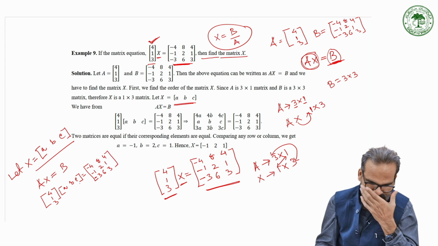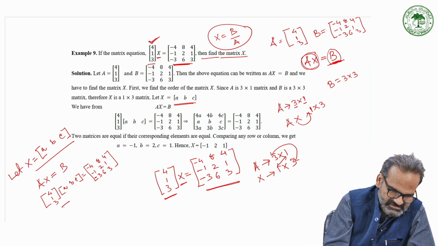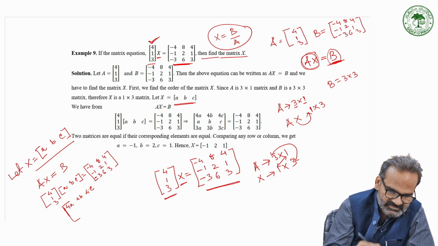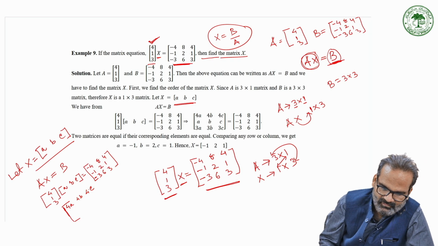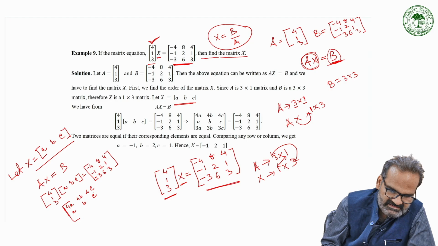Now multiply these two matrices. How will you multiply this? See, the first row has only one element, that is 4. 4a, 4 with a, 4 with b, 4 with c. The first row of A should be multiplied with all three columns. Then the second is 1. So 1 with a, that is a, 1 with b, that is b, 1 with c, that is c.